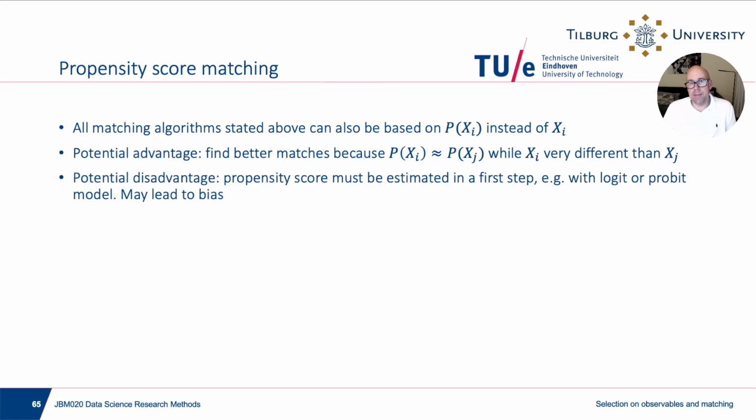So in a way, you can think of this p of x also as just an x. That means that all matching algorithms stated above can be based on p of x instead of x.